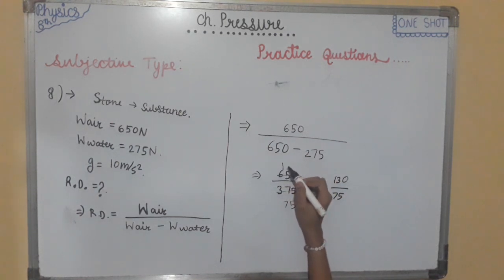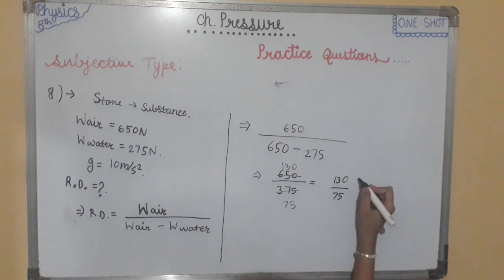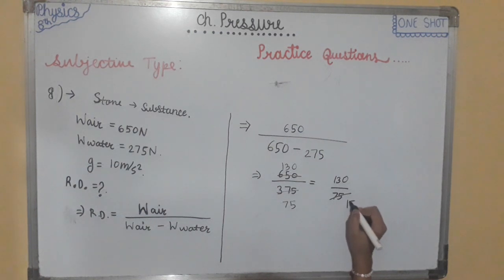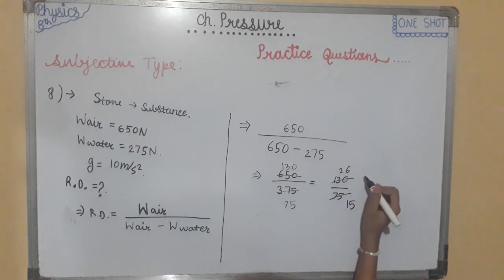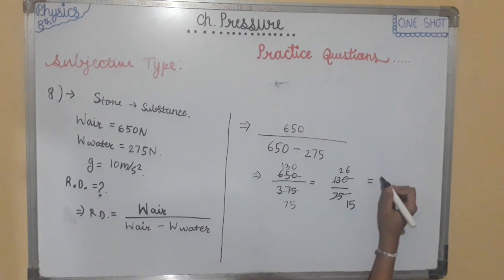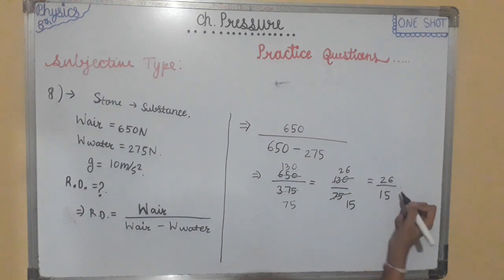Here 5 ones are 5, 1 carried, 5 3s are 15. Again we'll simplify it by 5. 5 ones are 5, 2 carried, 5 5s are 25. Here 5 2s are 10, 3 carried, 5 6s are 30. 26 upon 15.